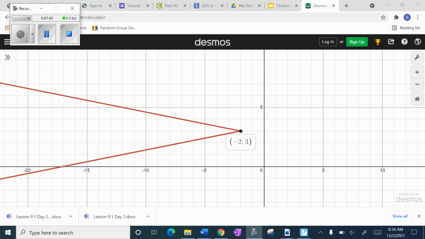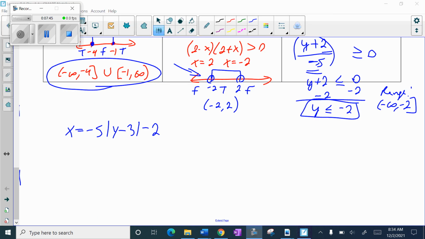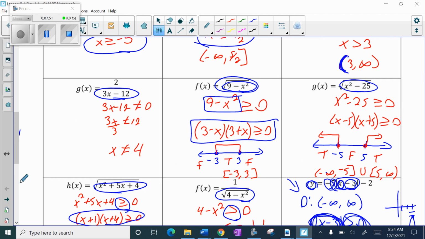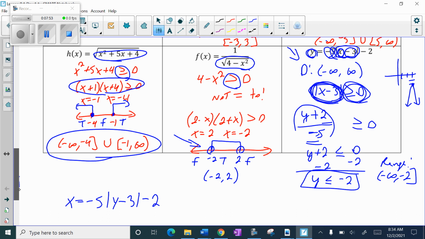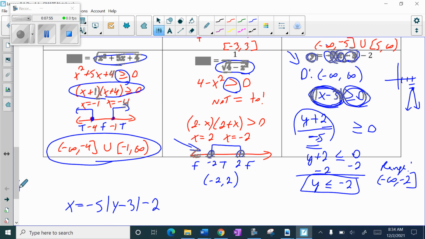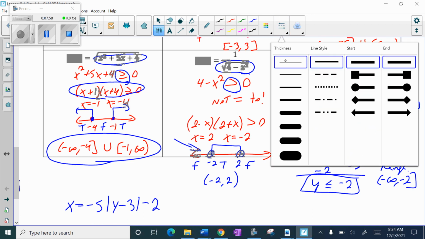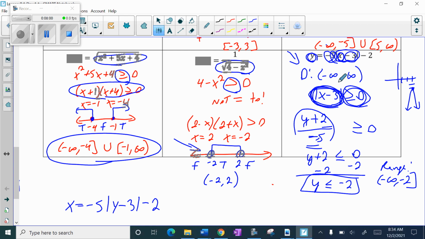And in addition to that, our domain and range are going to be flipped. Right here, I had my domain be negative infinity to positive infinity. So when I flip the x and y, my range now is going to be negative infinity to positive infinity.